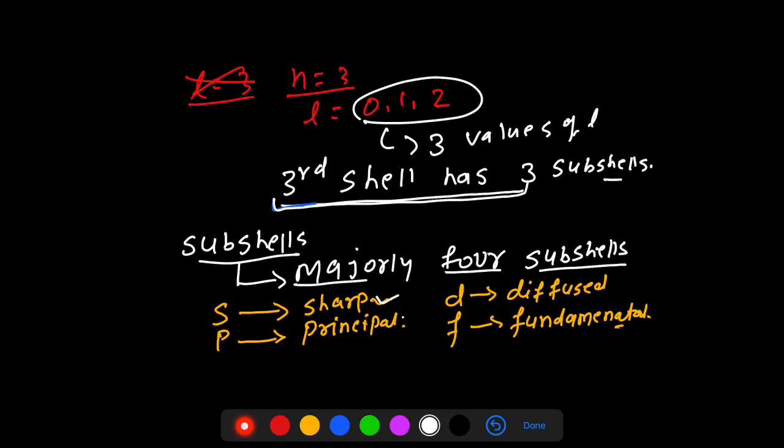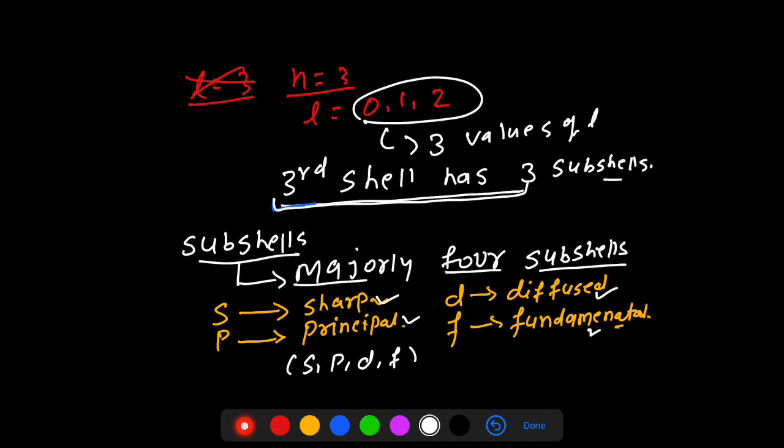For now, you can just keep this in mind, just for knowledge of what the full forms of SPDF are. We will not be using it quite frequently. Just remember there are 4 subshells, S, P, D and F. There can be more than these 4, but these 4 subshells suffice the needs of all the elements which are discovered till now, right?